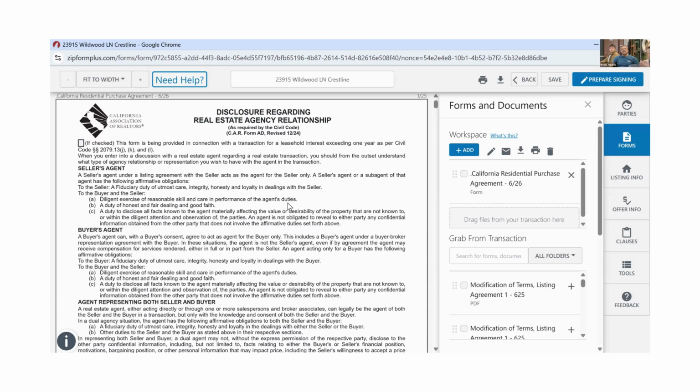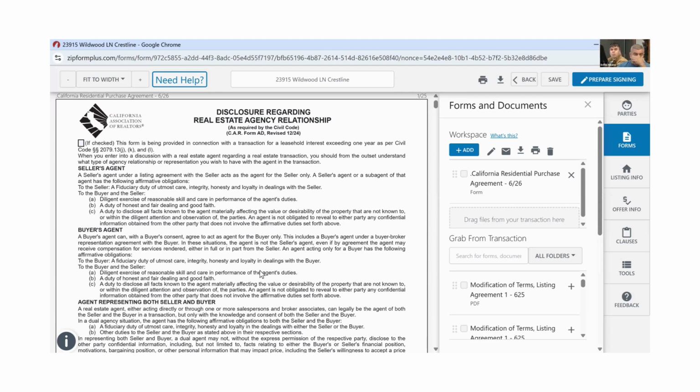So these were all written in collaboration with attorneys. And as long as we use them properly, they will stand in a court of law. It's when we try to modify them, we write our own addendums, that's when things can get sticky. But if you use the forms as they're intended, then you're pretty much going to be okay.